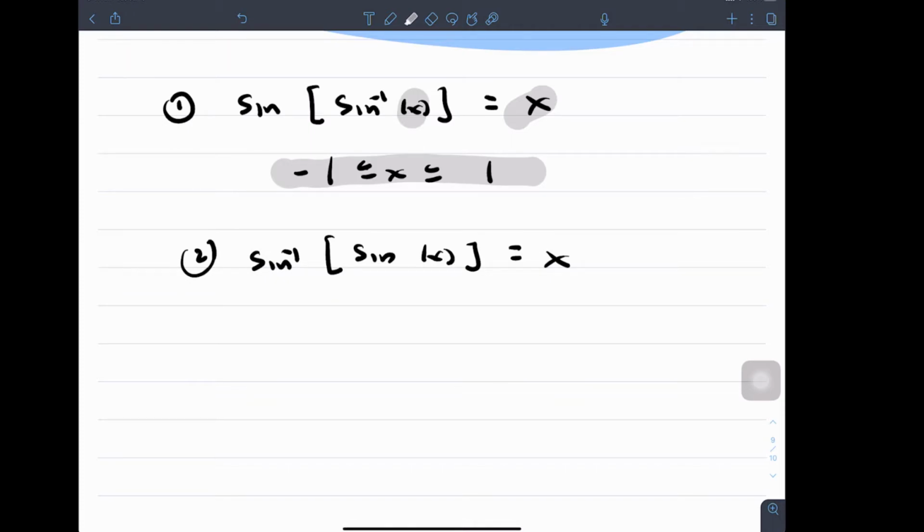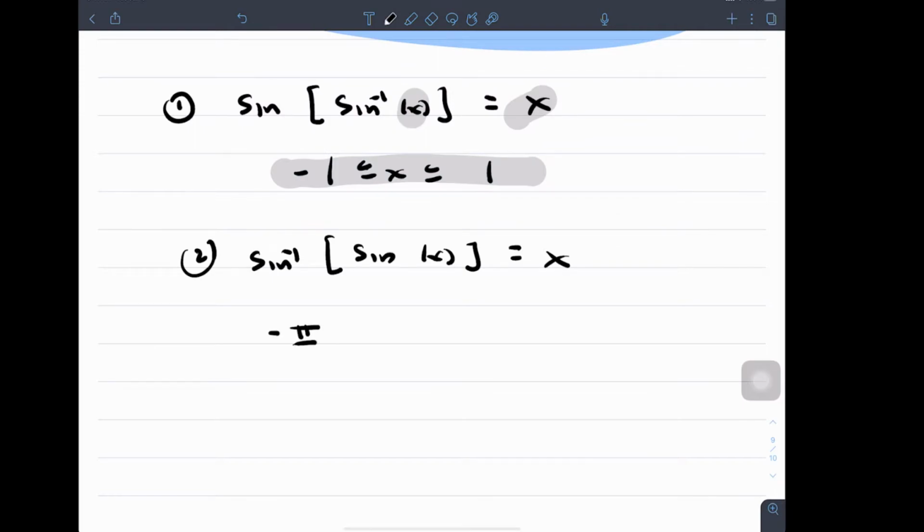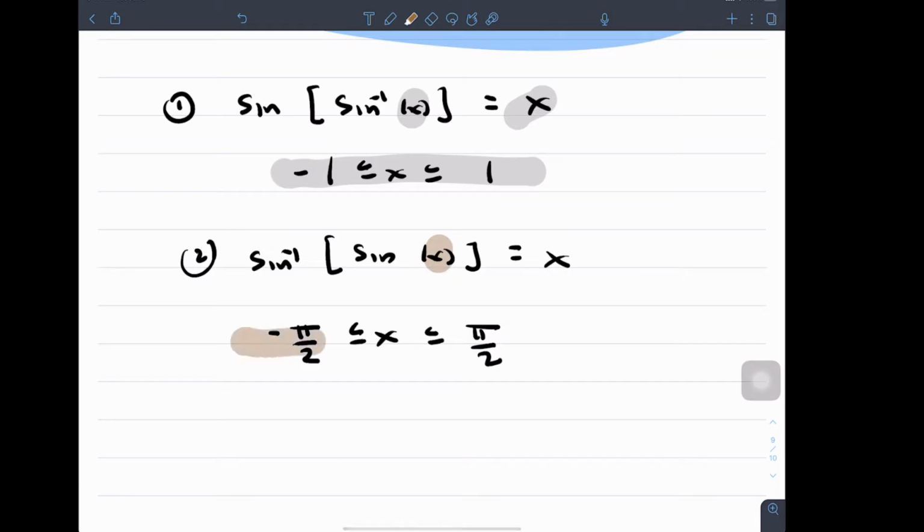Okay? So this is why your book will say, hey, define x between negative 1 and 1, and then it all makes sense. For it to make sense, you restricted the domain for sine, the inside function. Here, sine has to be between these.